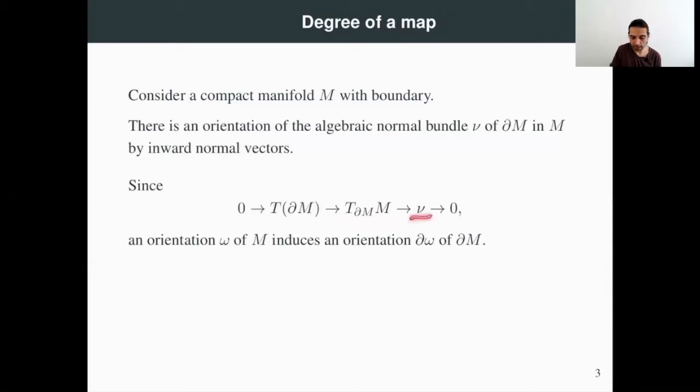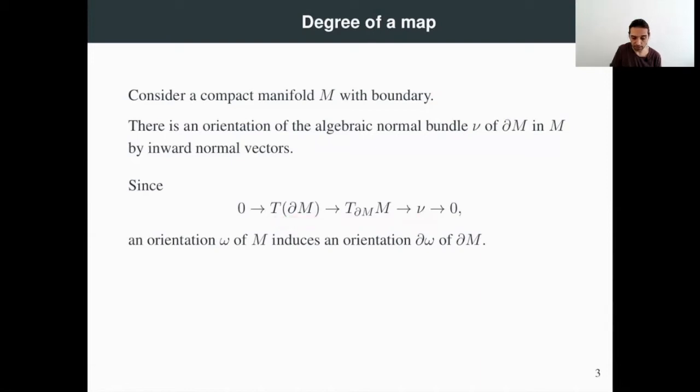We have the algebraic normal bundle that is also oriented, and so orientations in the two last vector bundles of the short exact sequence provide an orientation of the tangent space of the boundary.